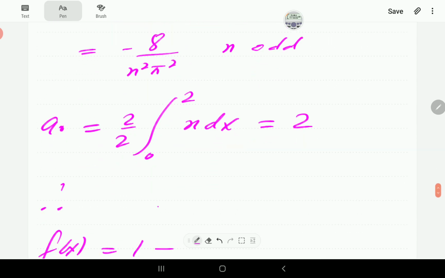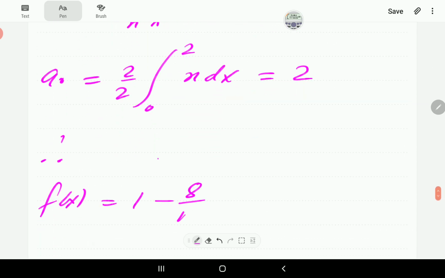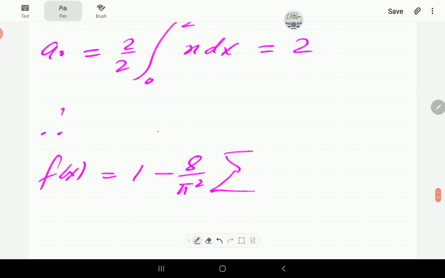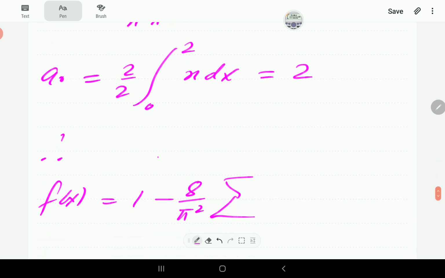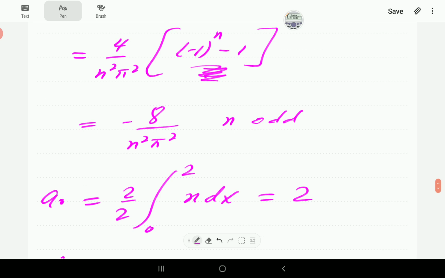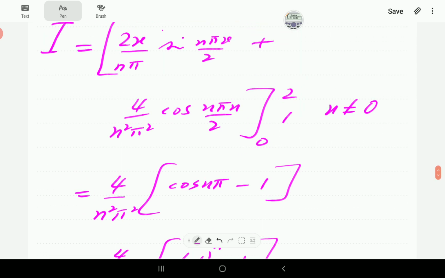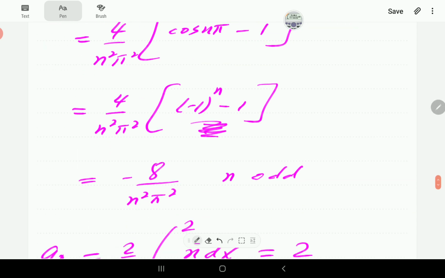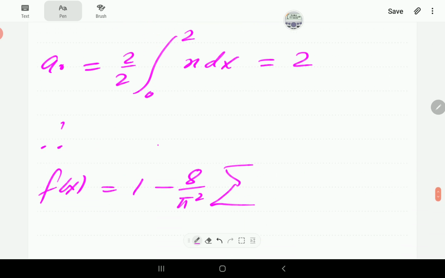Then you have these terms here: there is 8 over pi squared, and remember this is how our terms look, cosine n pi x over 2 all divided by n squared, with n odd.